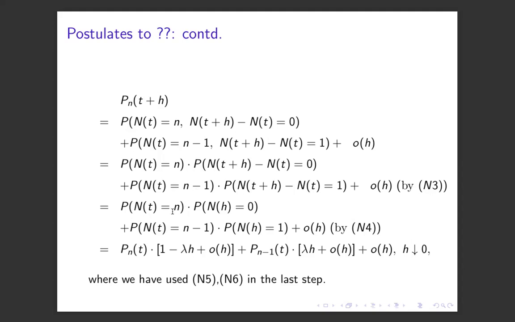And now you use the property of time homogeneity, that is stationarity of the increments. So this probability is the same thing as the probability N(h) equal to 0, and this probability is the same as the probability N(h) equal to 1.